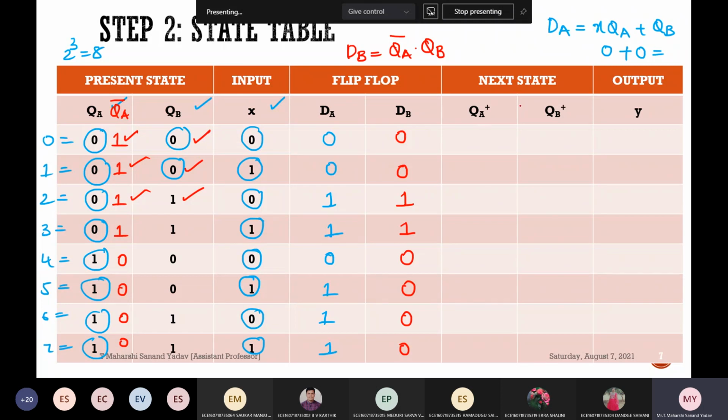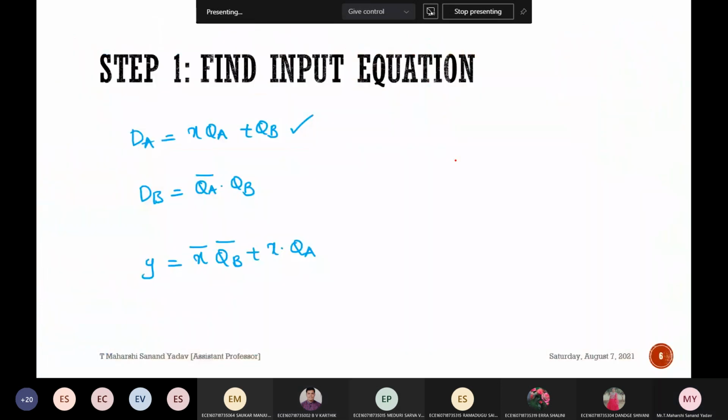Now I need QA plus and QB plus. What is this? Is it present state or next state? Next state. So we have to remember all the truth tables, characteristic tables, and excitation tables of all the flip-flops. Now here I'm dealing with D flip-flop. So can anyone tell me the excitation table for D flip-flop? 0 1 0 1.